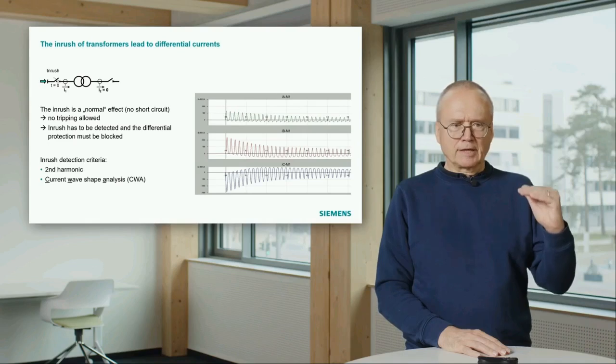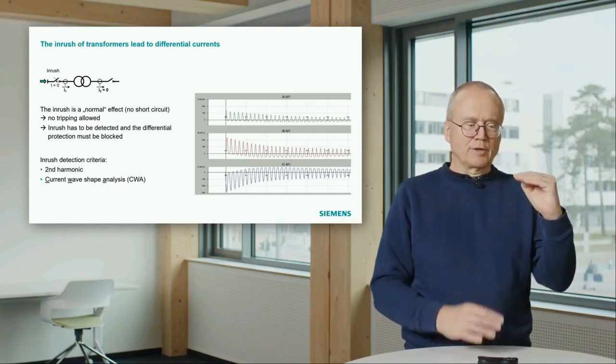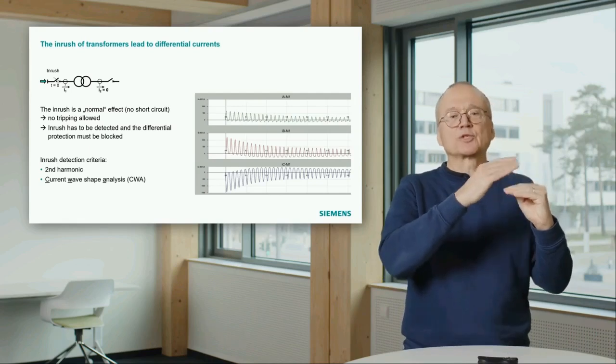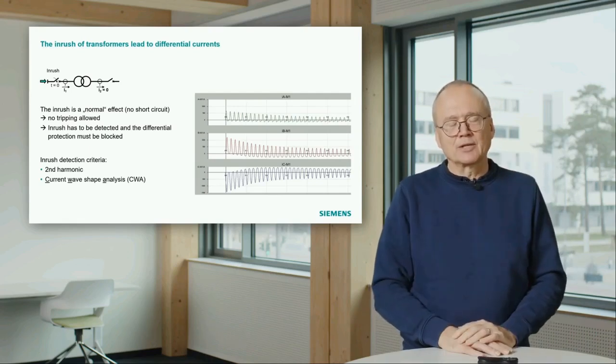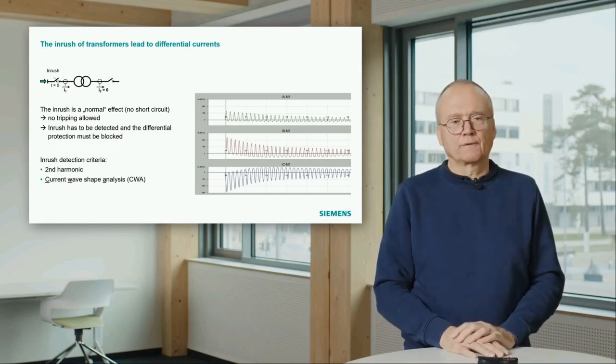Because you must figure out what should be the level above which you say that is an inrush, and it became more and more critical to figure out the right value.